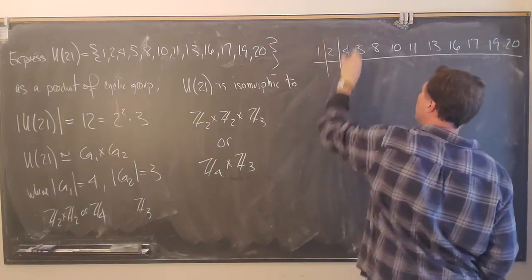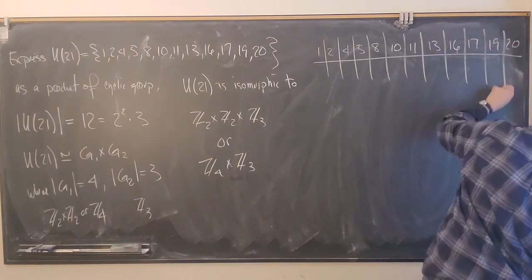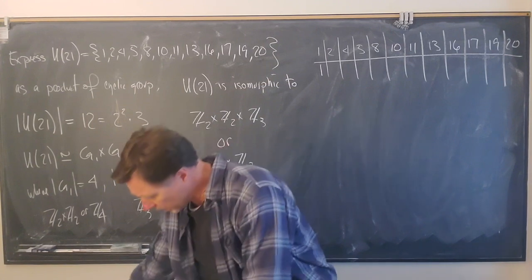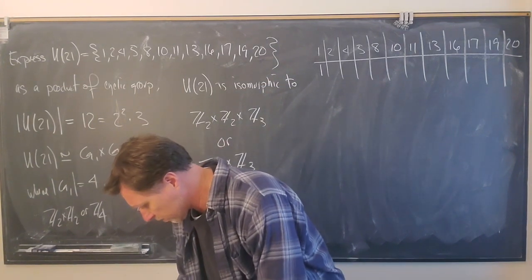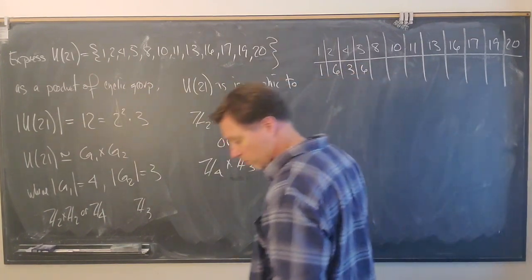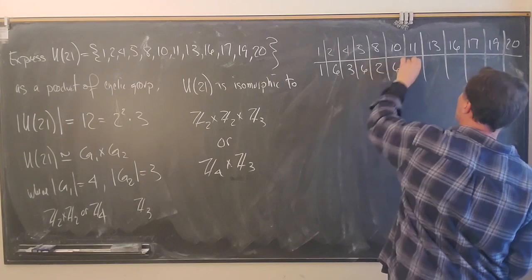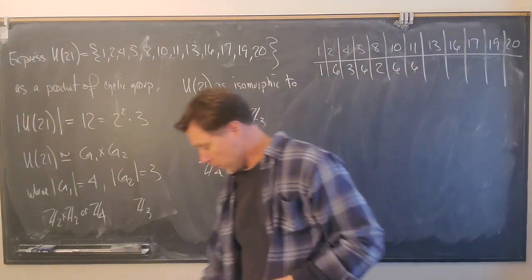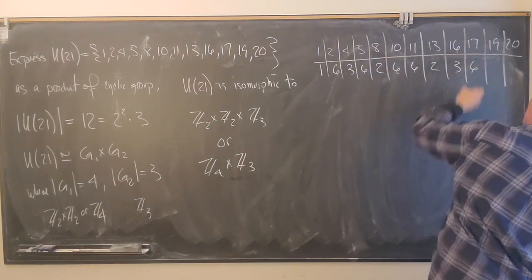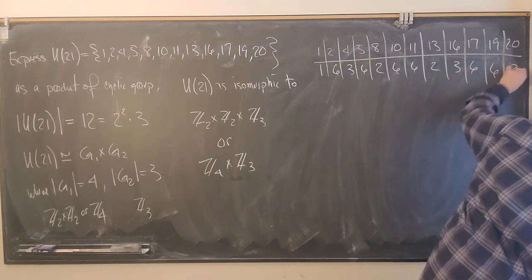Right below, I'll write what their orders are. Of course, 1 has order 1. And then it's going to go 6, 3, 6, 6, 3, 6, 2, 6, 6, 2, 3, 6, and then 6, 2.